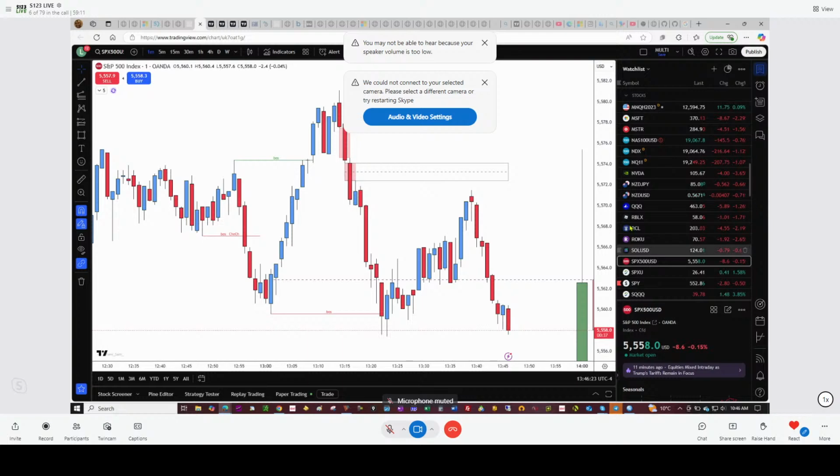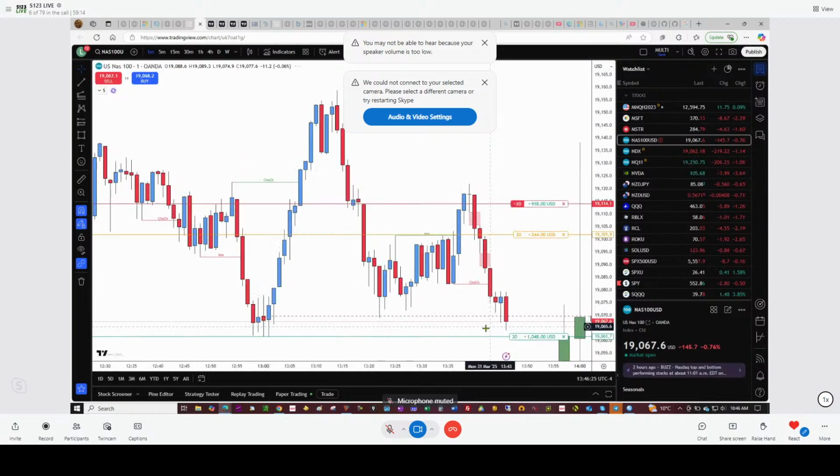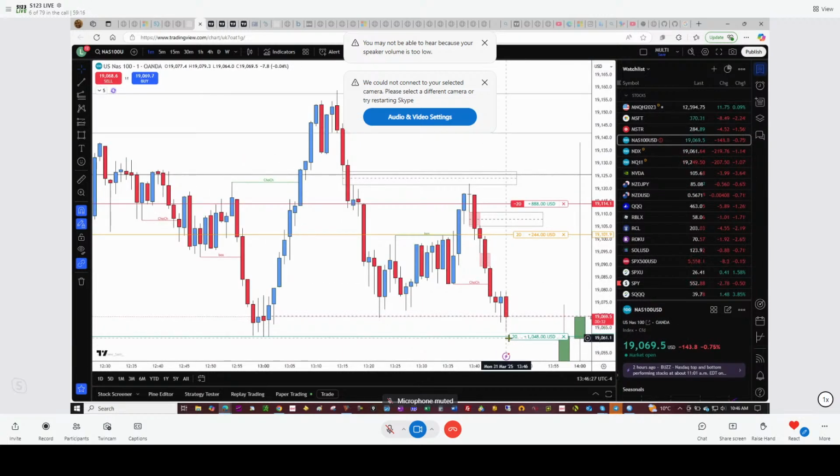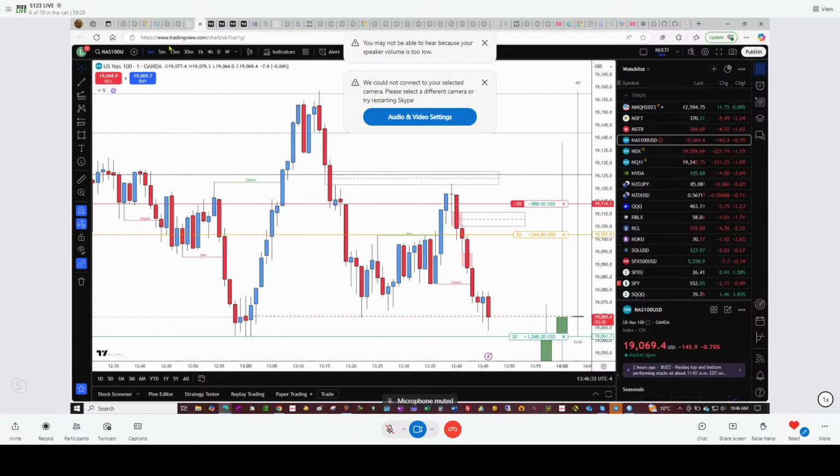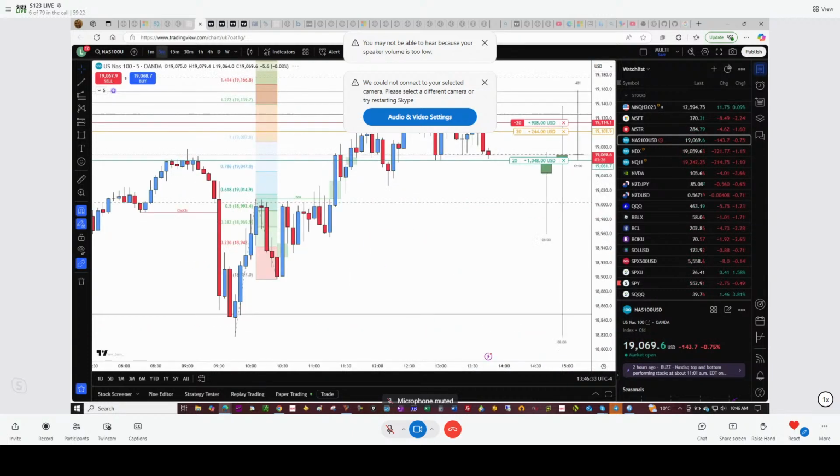Okay, so let's one more drop here. Very close to taking out the next low. Is there anything else below that low? Here's an order block. So that should be enough for them just to sweep these lows, equal lows here, and we should then turn around, I would think.